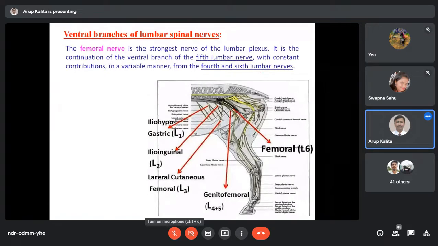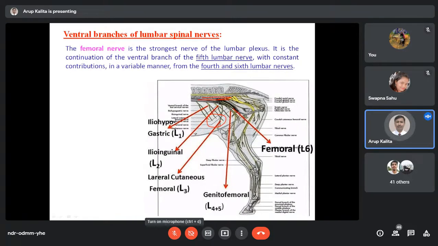So, in the abdomen, how many lumbar spinal nerves are you going to get? 6. All have a dorsal branch and a ventral branch. The dorsal branch will supply in this region. Of the ventral branches, the first 3 will supply the ventral abdominal wall.